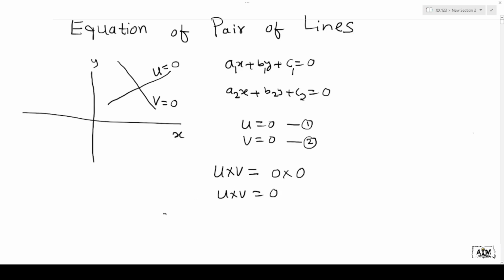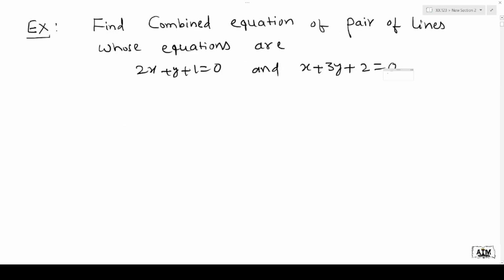What is u? u is nothing but a1x plus b1y plus c1 multiplied by v, that is a2x plus b2y plus c2 equals 0. By multiplying these two equations, you will get another equation in second degree form. So that equation is called the equation of pair of lines.